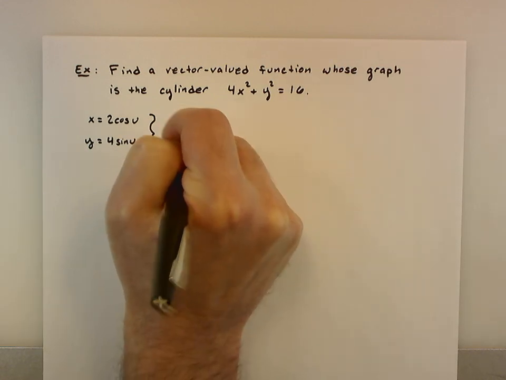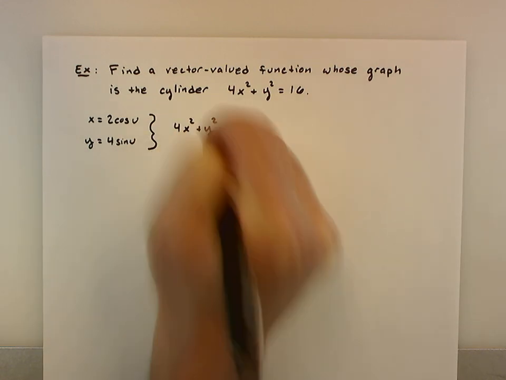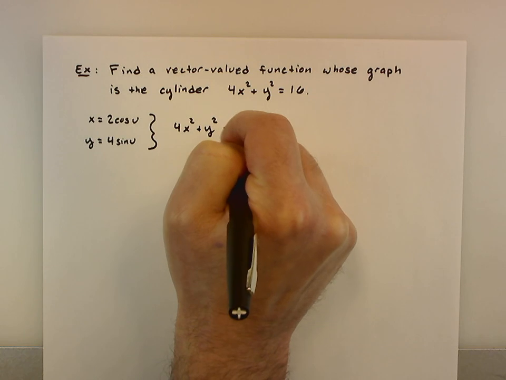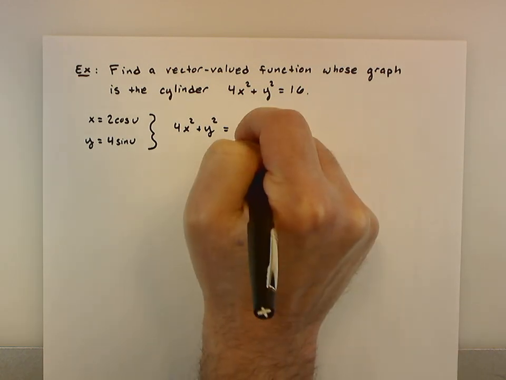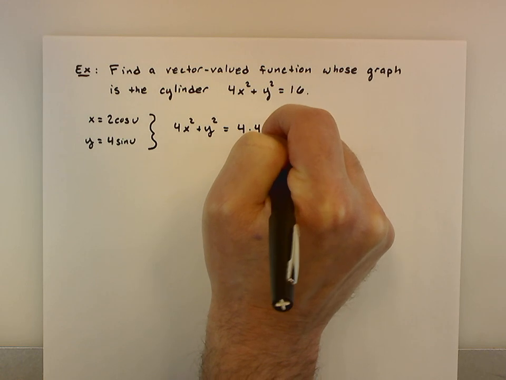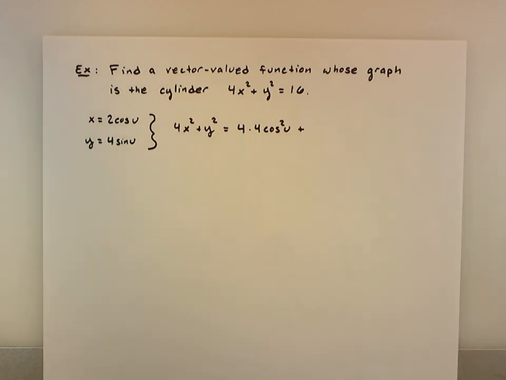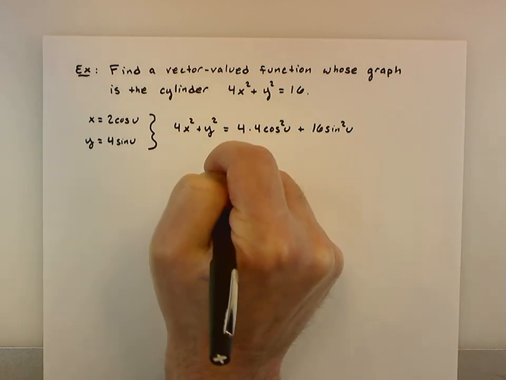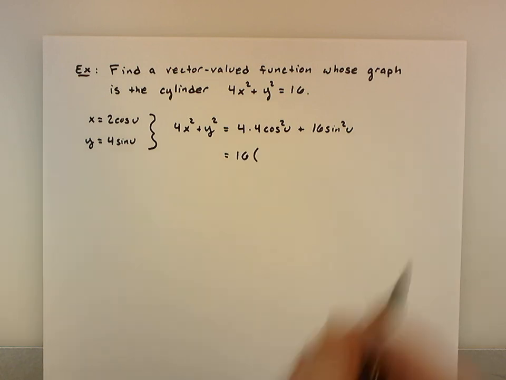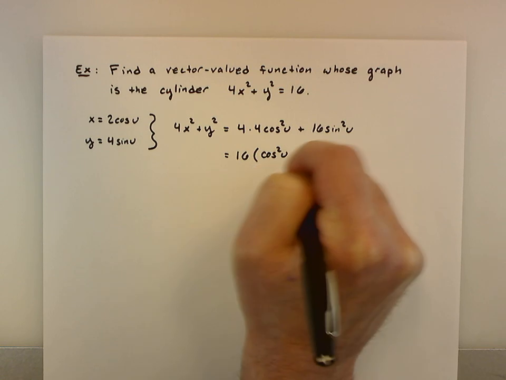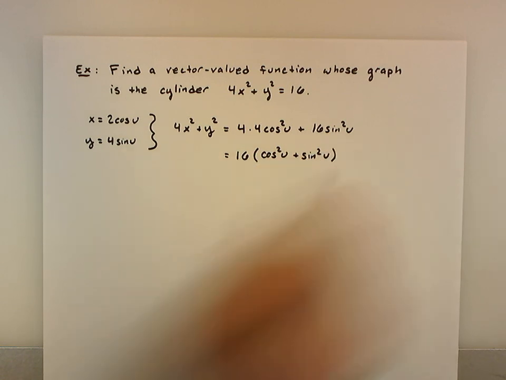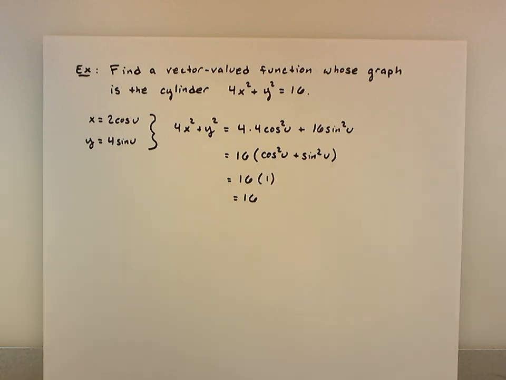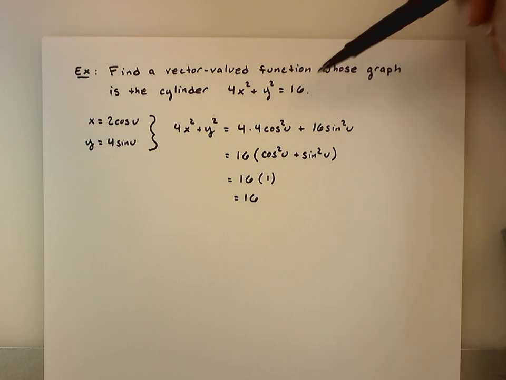Then 4x squared plus y squared is equal to 4 multiplied by x squared, which is 4 cosine squared u, plus y squared is 16 sine squared u, which if I factor out 16 from both of those terms, I get cosine squared u plus sine squared u, which is equal to 16 times 1, or 16, which matches the right side of this equation.